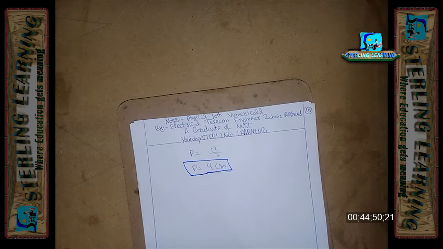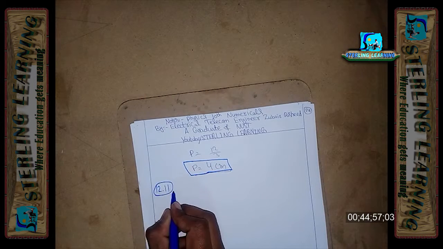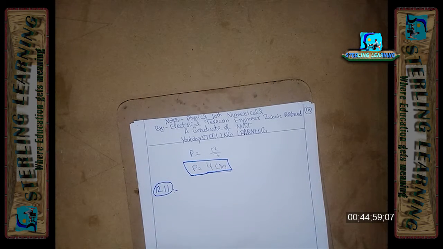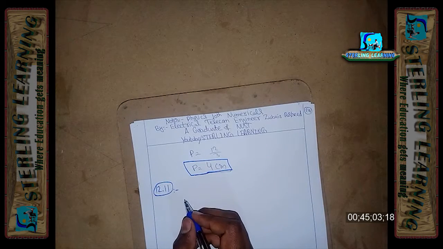A ray of light from air is incident on a liquid. 12.11 is the second last one, it is very small.